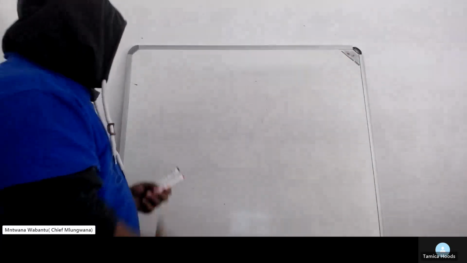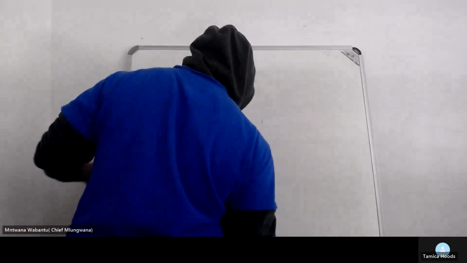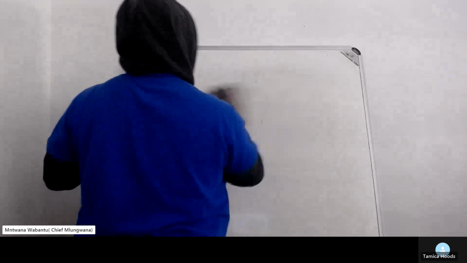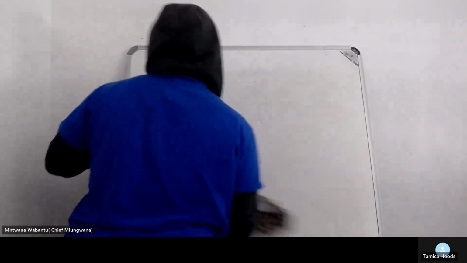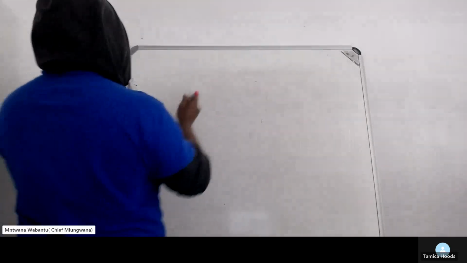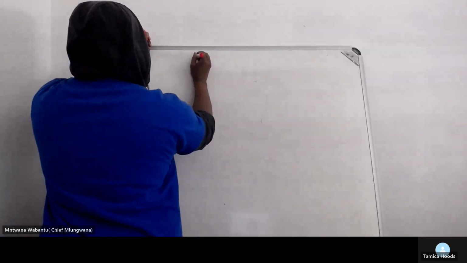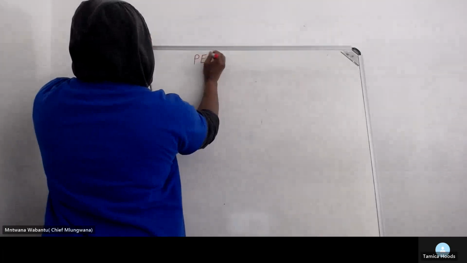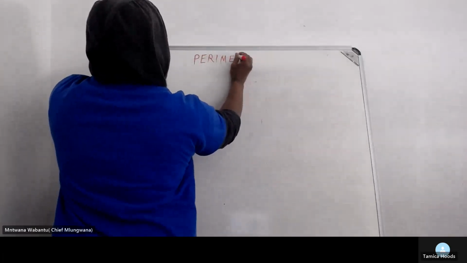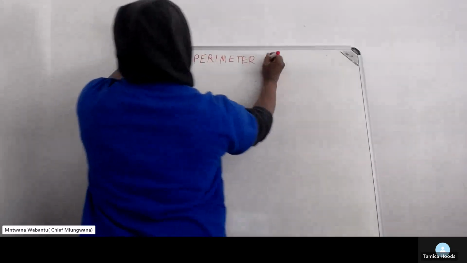For example, let's say somebody gives you this one, the perimeter of a square.